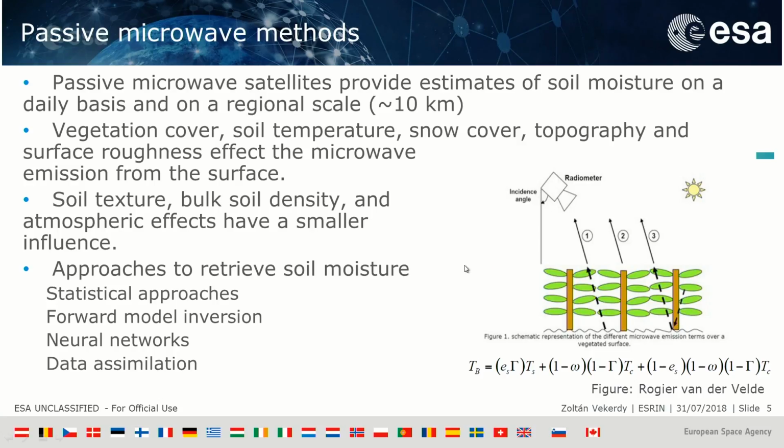And here you see a very similar structure of equation to that which you have seen related to ice, which has different terms. Here, I was asked to use this pointer. This refers to the emissivity, and this refers to the transmissivity of vegetation. And that is interfering with the energy coming from the soil.